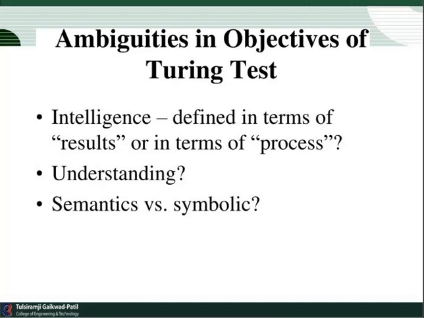Then the next is understanding. Understanding means understanding of the question, understanding of the query. Many times there are queries to which there are multiple answers, and multiple answers may be correct for a single query. If a human being answers a particular situation in one sentence, the same situation may be answered by the computer in another sentence.